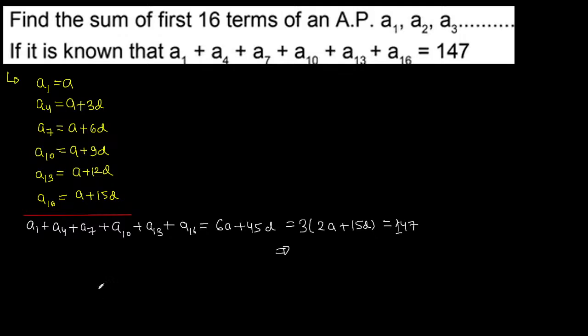So 2A plus 15D is 49. S16 is 16 by 2, n by 2, 2A plus (16 minus 1) 15 into D. This is 49. So you can say 8 into 49, 392.